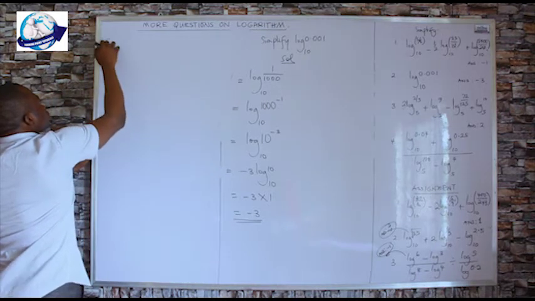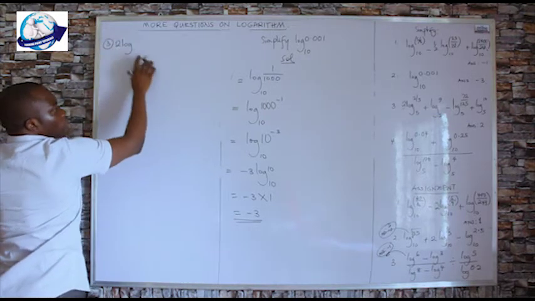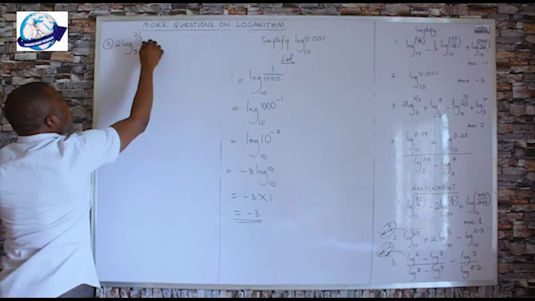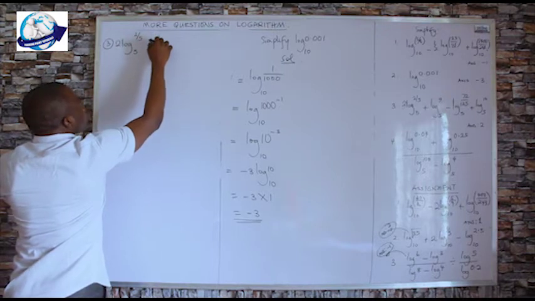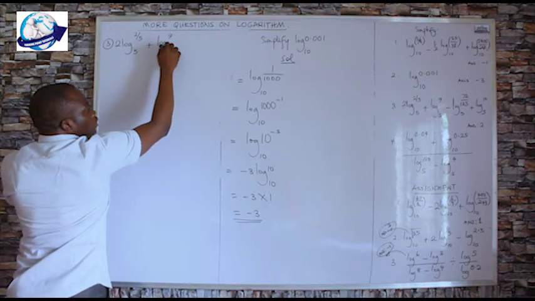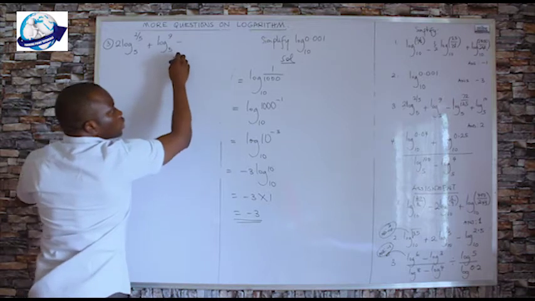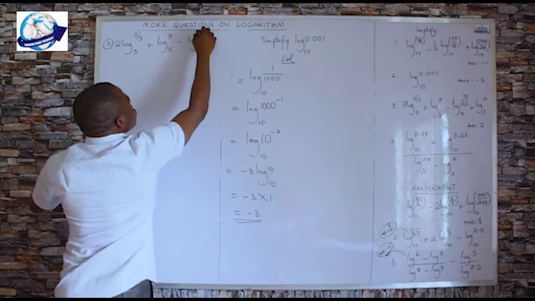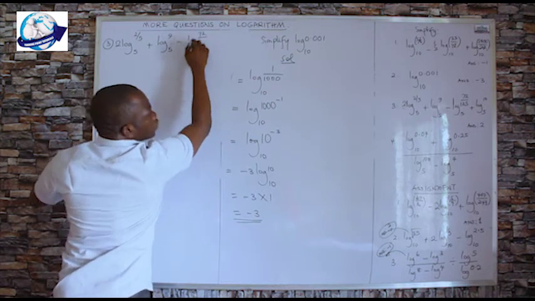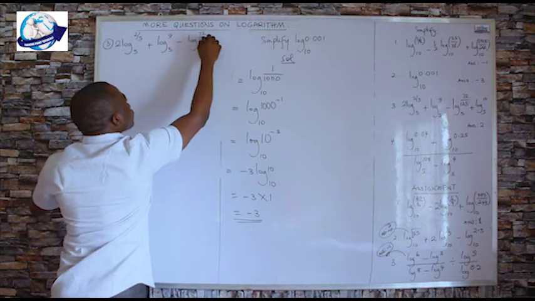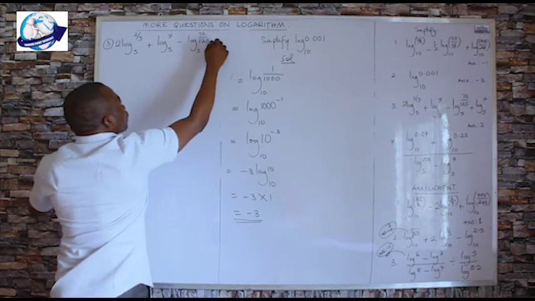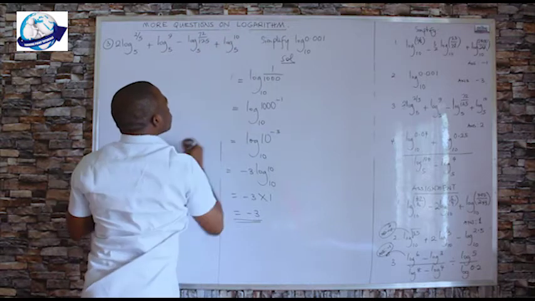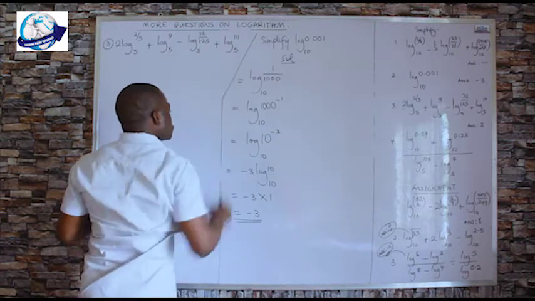Question number 3: 2 logarithm 2 all over 5 base 5 plus logarithm 9 base 5 minus logarithm 72 over 125 base 5 plus logarithm 10 base 5.